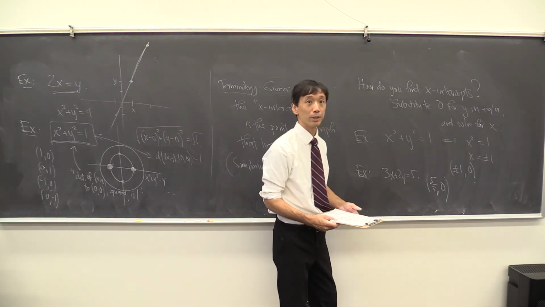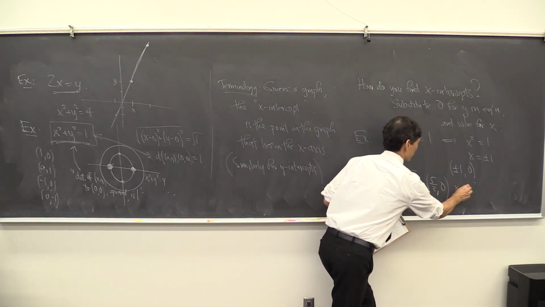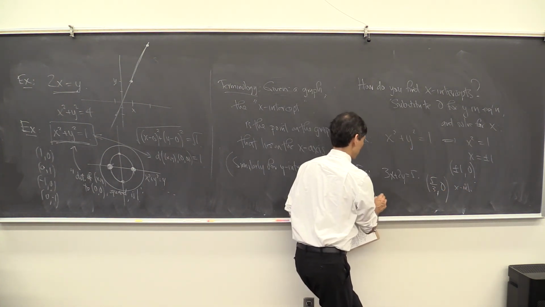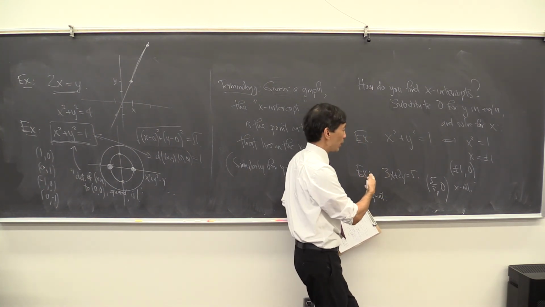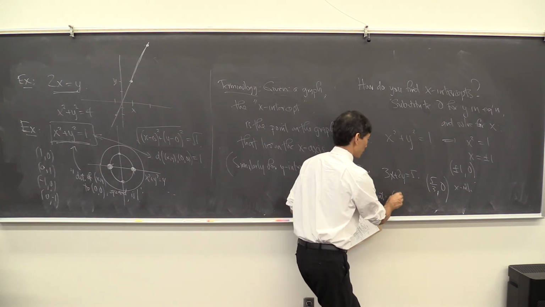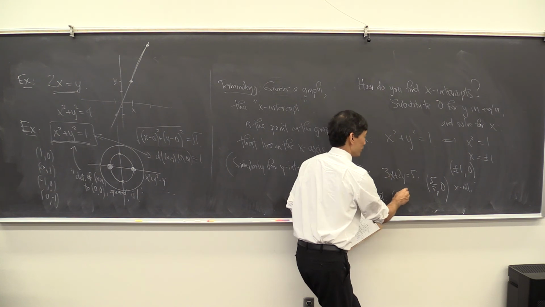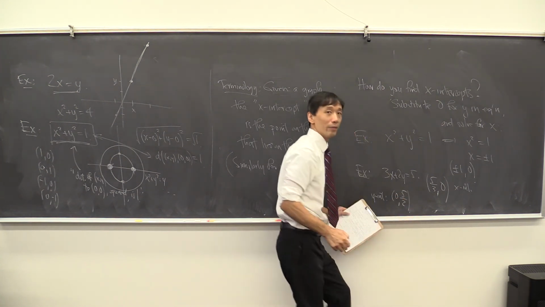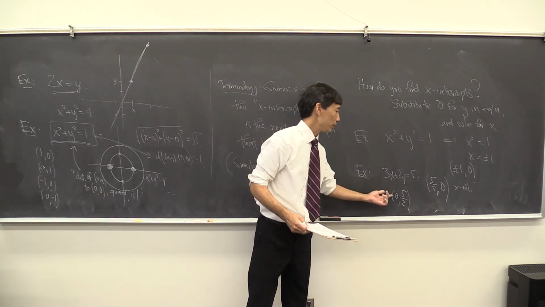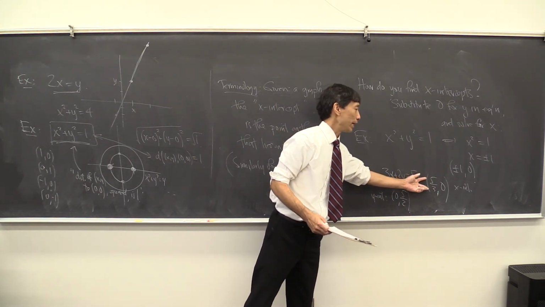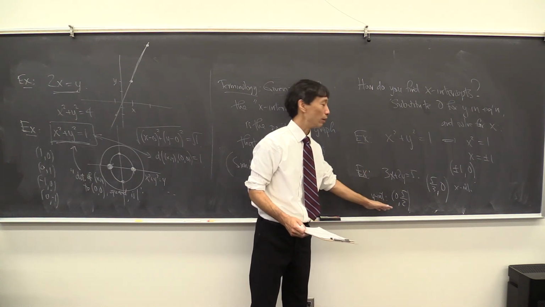And what about the y-intercept? Well, x would be 0, right? So what's the y-coordinate? 5 halves. Right, so to find the x-intercept, you let y be 0 and solve. To find the y-intercept, you let x be 0 and then solve.